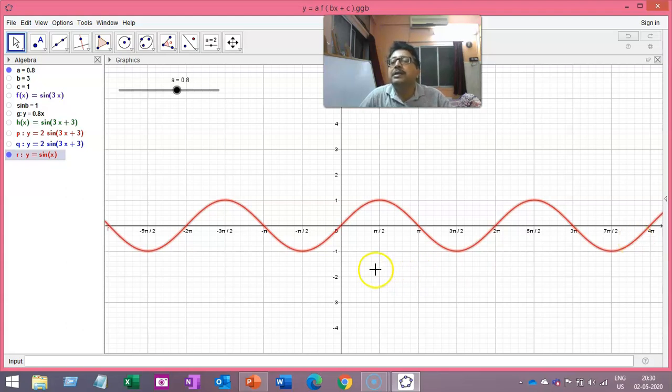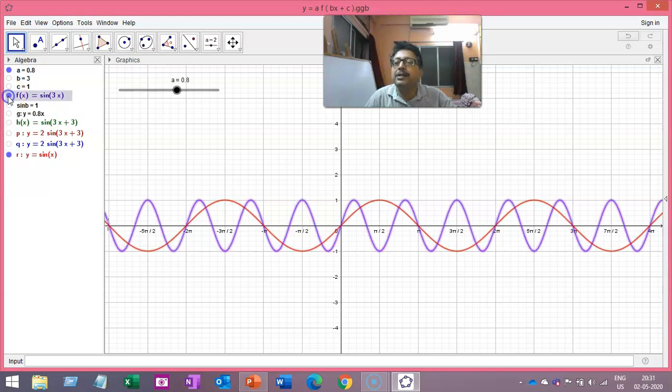Now let us see for sine 3x. I have changed x to 3x. See what the period is going to be. Here is 2 pi. We are going to prove that in case of f(x) equal to sine 3x, the period is 2 pi by 3. How? Just check. This red one, sin x graph, has period 2 pi.